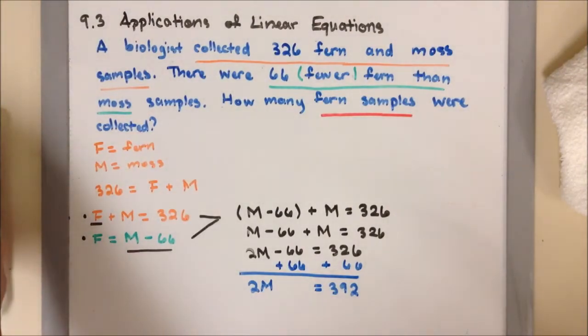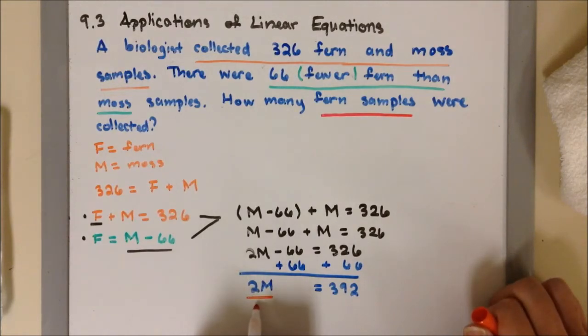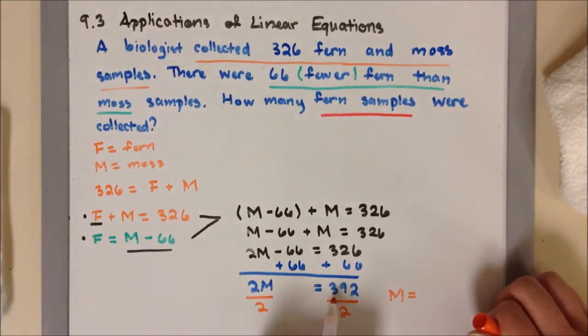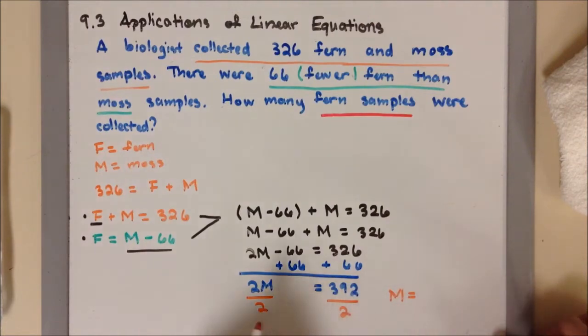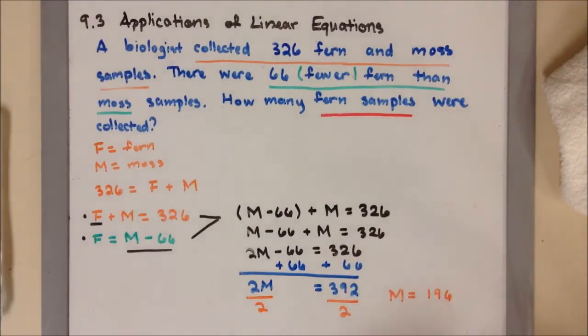Alright, so from there, I'm going to divide both sides by 2 to get M by itself. So basically, moss, or M, is equal to 392 divided by 2, which will be 196.